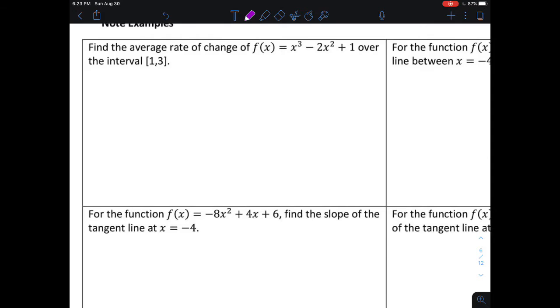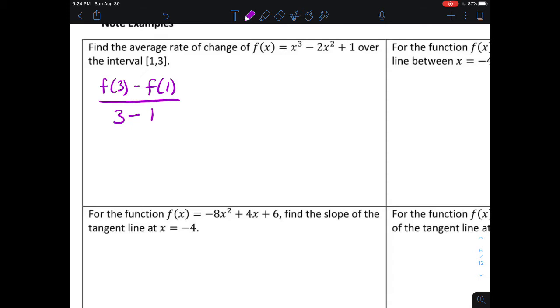Okay, let's do some examples here, finding average rate of change and looking at finding the slope of some tangent lines. For this first part, we want to find the average rate of change of f, and we're given this function here, over the interval from 1 to 3. So the average rate of change is going to be equal to f of 3 minus f of 1, so y2 minus y1 over x2 minus x1.